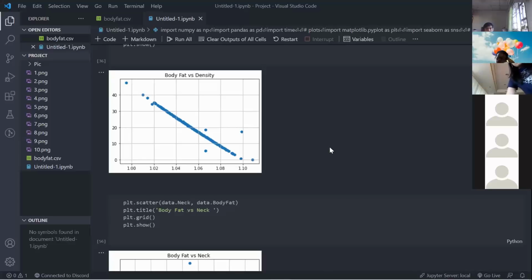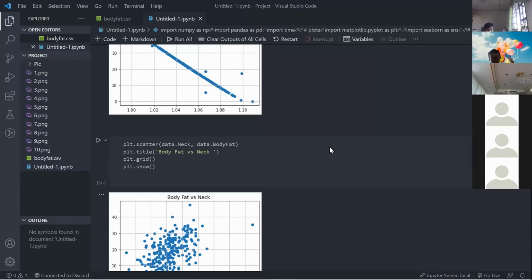Now, to make the problem interesting, you can say that body fat and density are virtually the same thing. So for this analysis, you're going to study body fat or density as a function of something else. But body fat versus density is not interesting because they're actually the same thing, just measured in different units. You know what I mean? Yeah, I get what you mean.